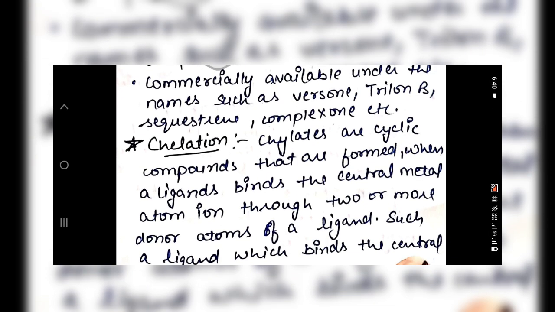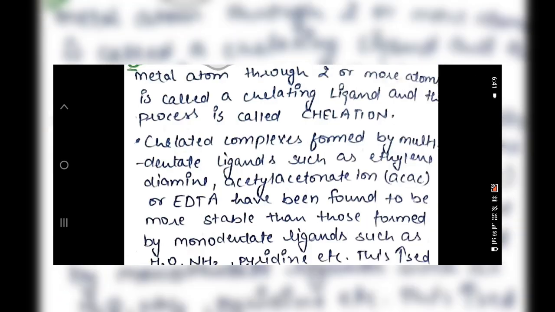Chelation. Chelates are cyclic compounds that are formed when a ligand binds the central metal atom ion through two or more donor atoms of a ligand. Such a ligand which binds the central metal atom through two atoms is called a chelating ligand, and the process is known as chelation.